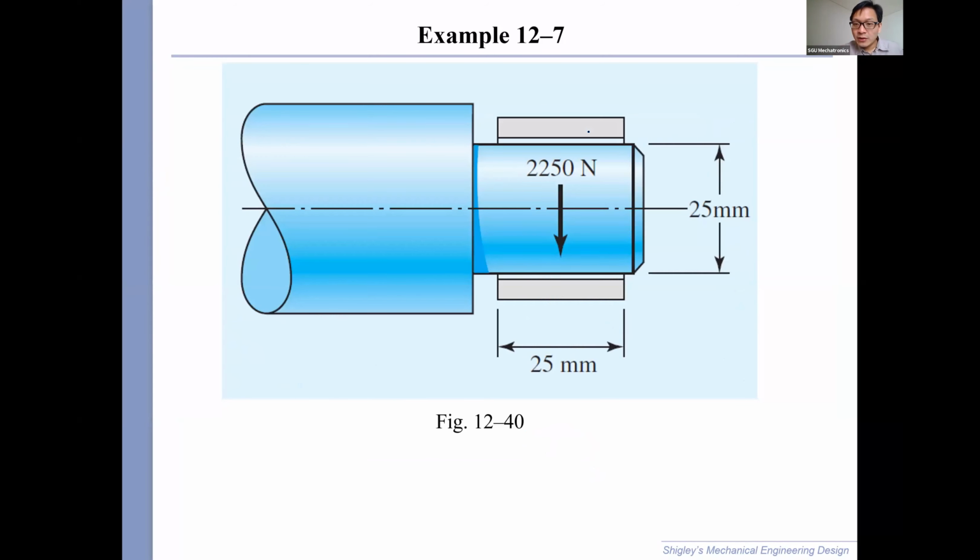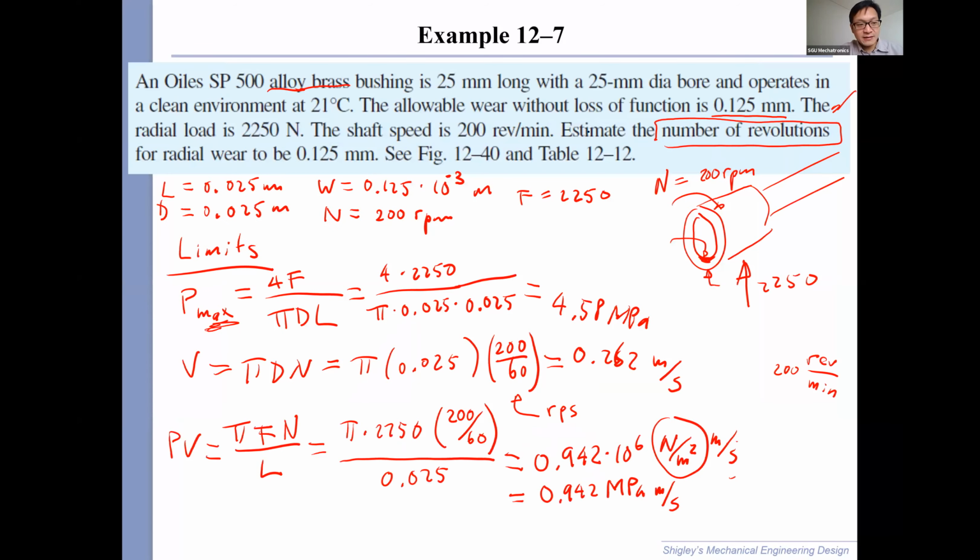So we look at these calculations. I see that my Pmax 4.58 is less than the 24.5 limit. So this is okay. V, 0.262, is less than 0.51. Again, this is okay.